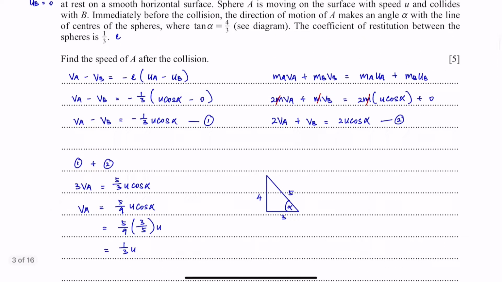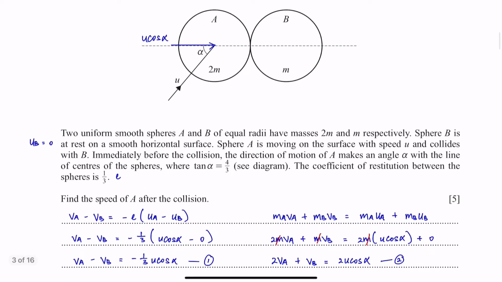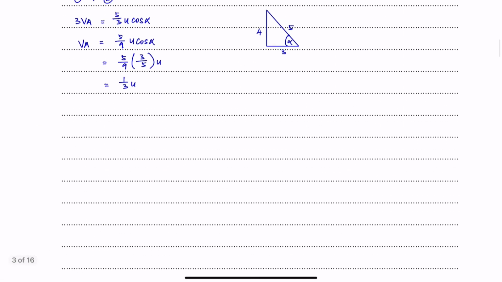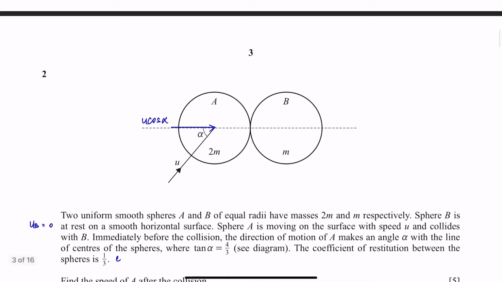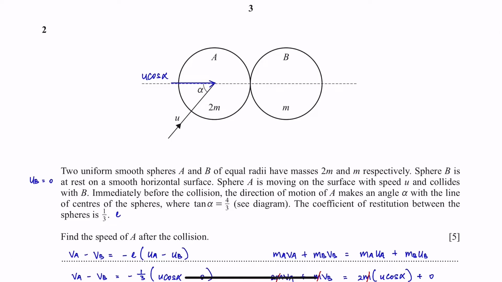Now we need to find the speed of A, because VA is just the velocity in this direction. Keep in mind that the velocity perpendicular to the line of centers of the spheres is always unchanged after the collision.